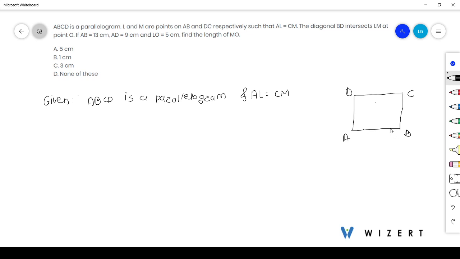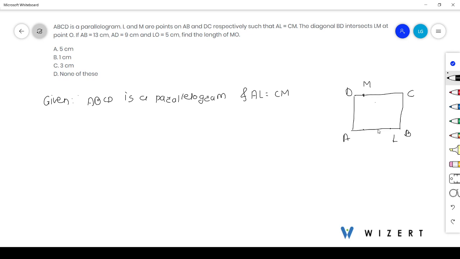Suppose this is L and this is M. We have given that AL equals CM, so the distance should be like this.